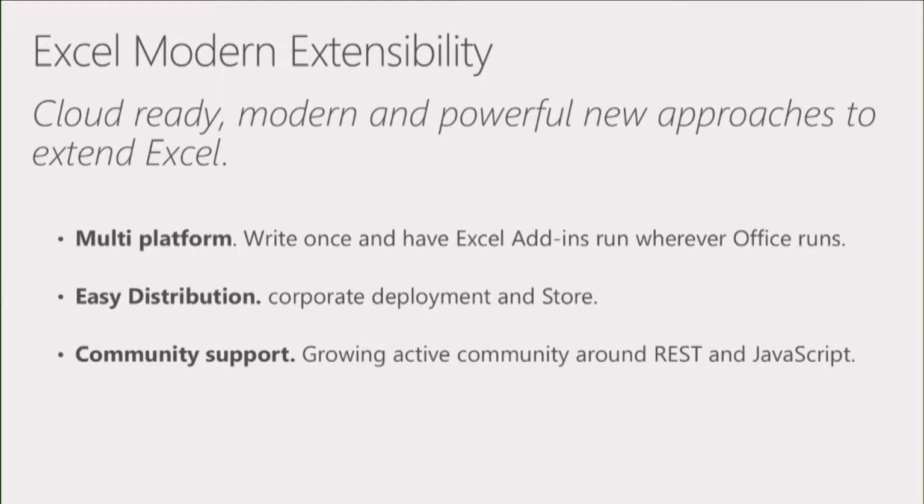Some of the benefits that we have is that it's multi-platform. You write your code once, and it executes wherever Excel runs. And the second one, which I think is a huge improvement to what we had before, is the distribution model. So before, how many are Excel developers writing VBA code? OK.